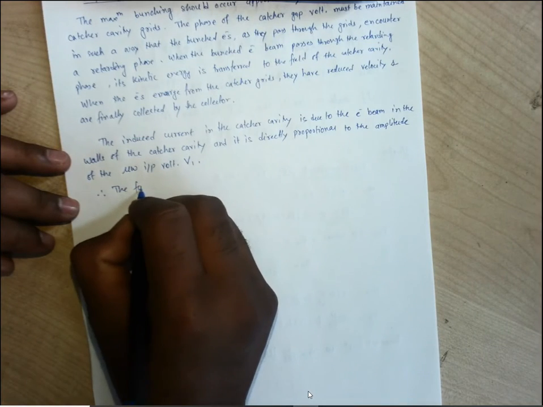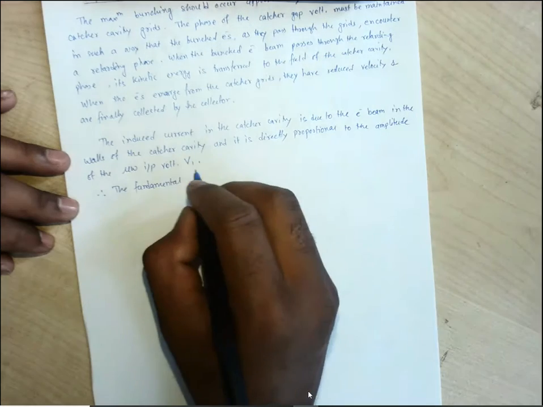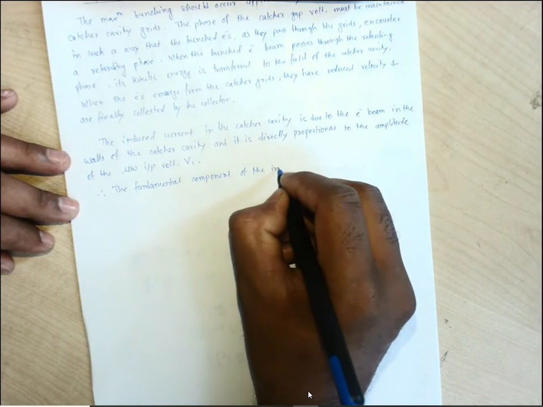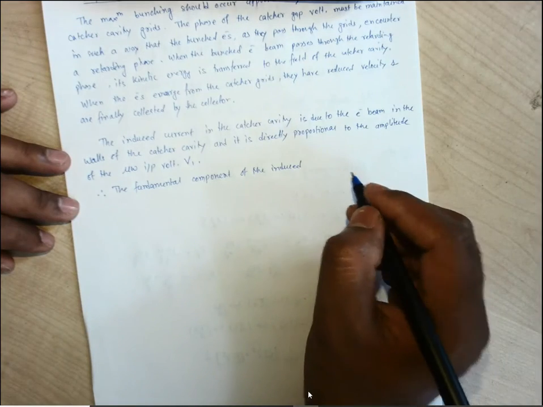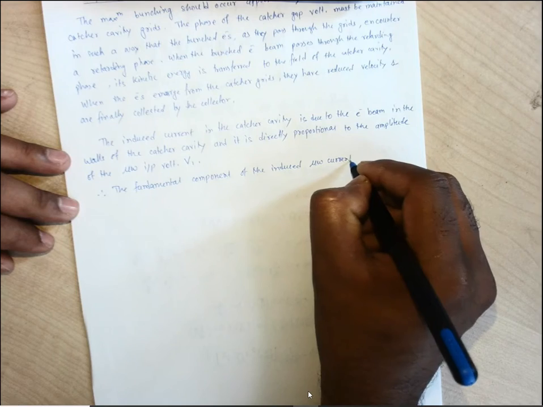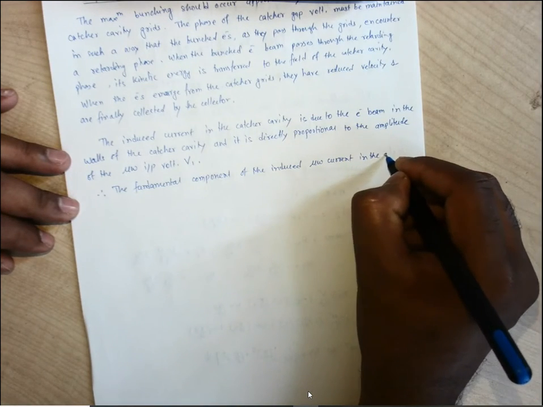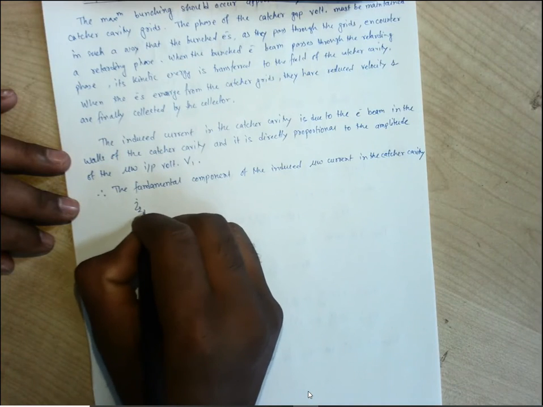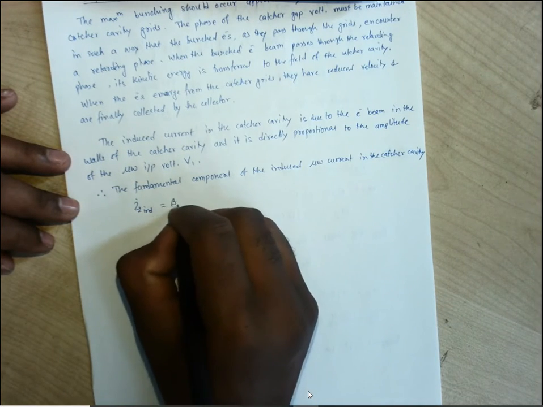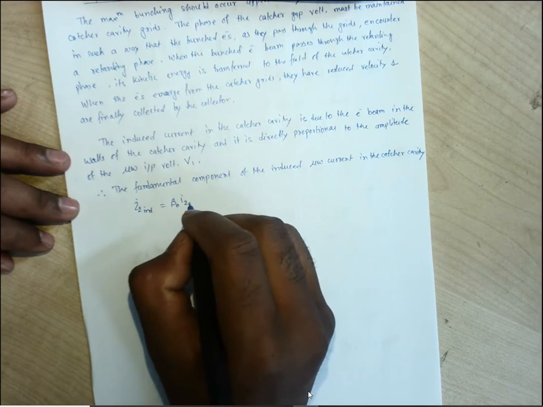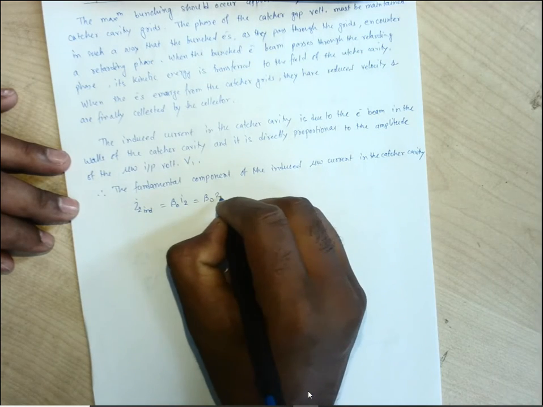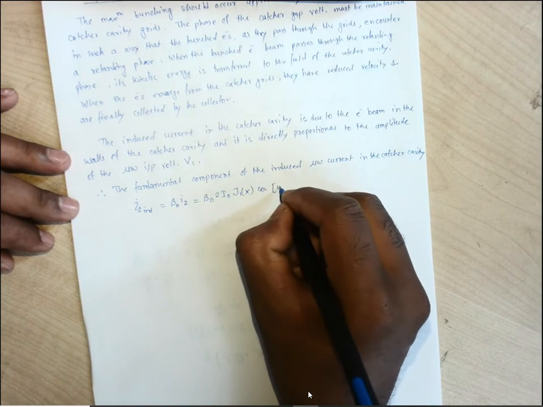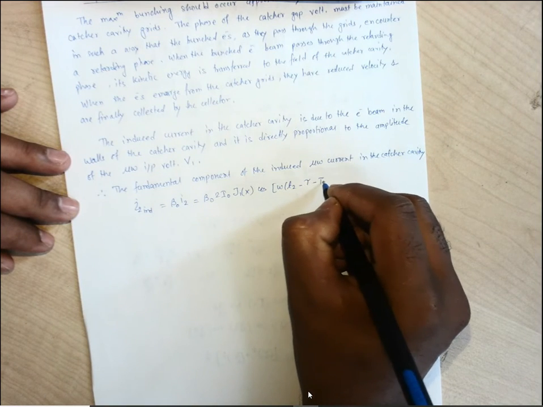Therefore the fundamental component of the induced microwave current in the catcher cavity, that is I2 induced, is beta naught I2, that is beta naught twice capital I naught J1x cos omega T2 minus tau minus capital T naught.